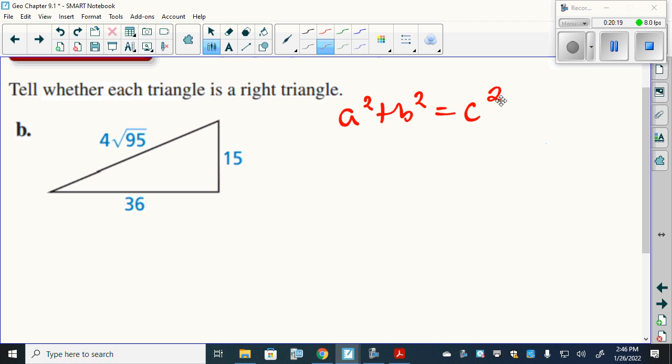Well, 9 times 4 is 36, so it's actually going to be greater than 36. So our value of C is 4 square root of 95 squared. And A and B in this case are going to be 15 and 36.